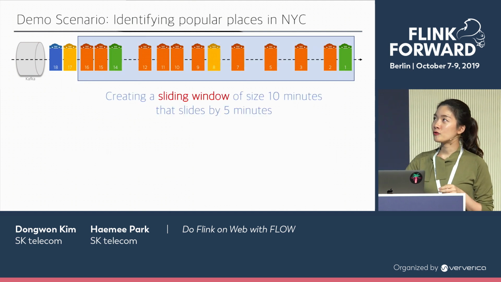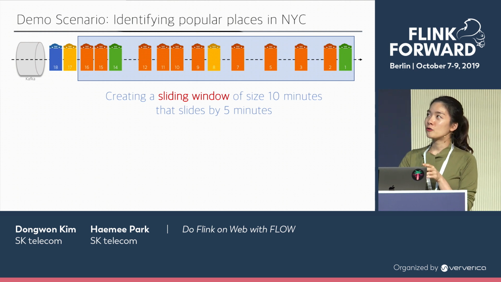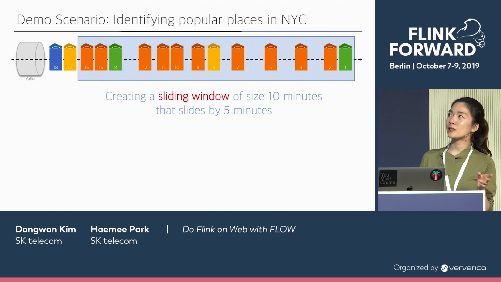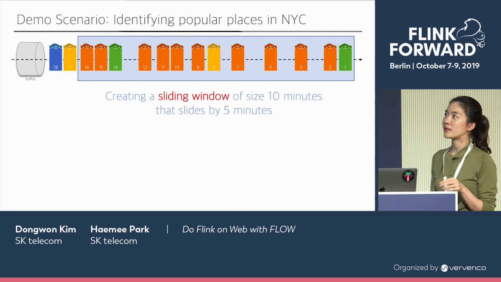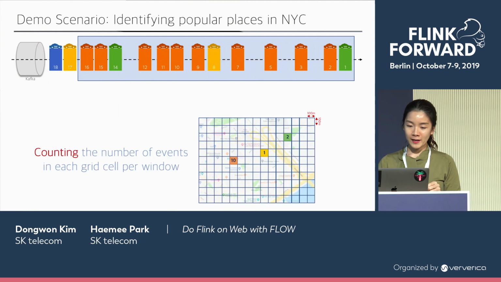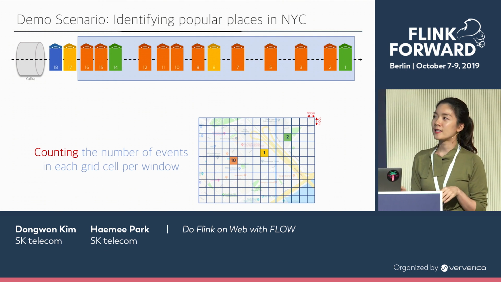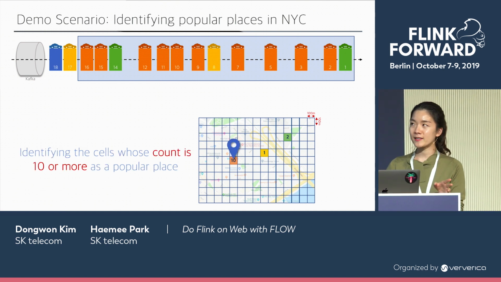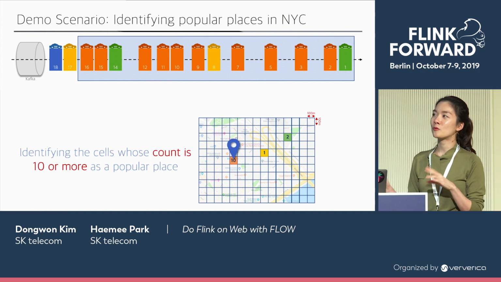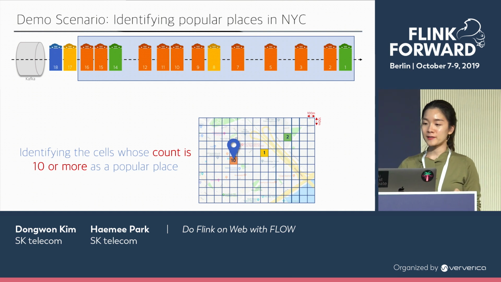Then, using Flink's sliding window feature, we are going to divide our Kafka stream into 10-minute length sliding windows every 5 minutes. Finally, we are going to count the number of events in each grid cell to identify the cells whose count is 10 or more as popular places. That's all of this scenario.